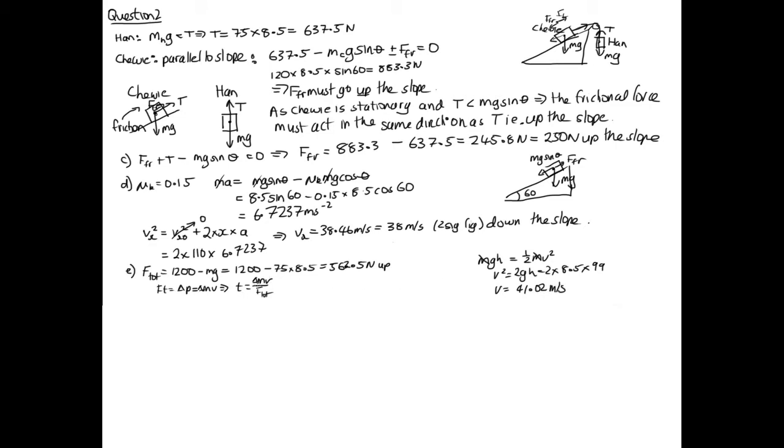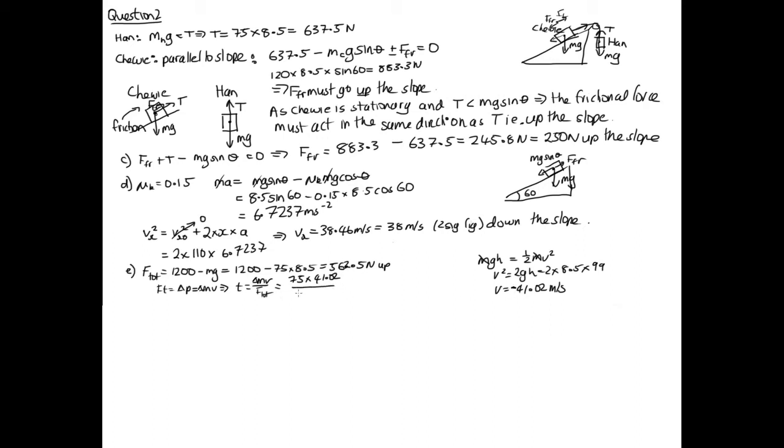And now we can substitute this back in over here. So the change in momentum is the final momentum minus the initial momentum. The final momentum is 0 because he's come to rest, and the initial momentum, this velocity is downwards, so we can put a negative there to show that it's downwards.